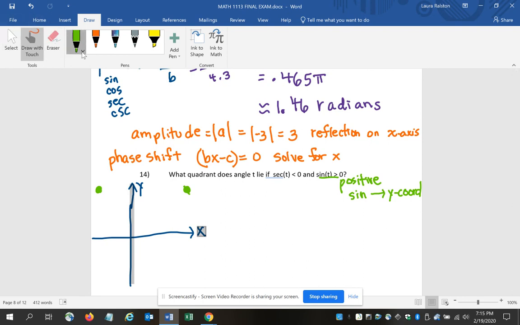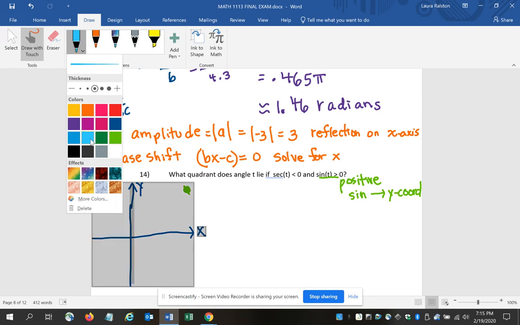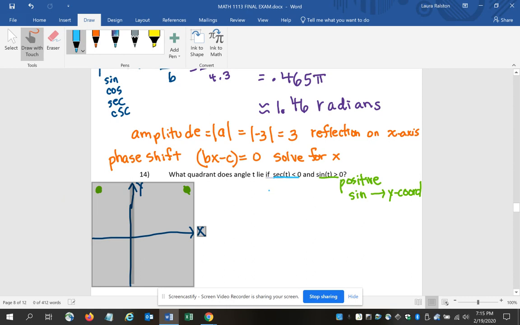The other piece of information that I'm given about this angle is that the secant is less than 0. The secant is the reciprocal of cosine. So by default, that means that the cosine of T is less than 0. When something is less than 0, that implies that it's negative. And again, cosine corresponds to the x coordinate.